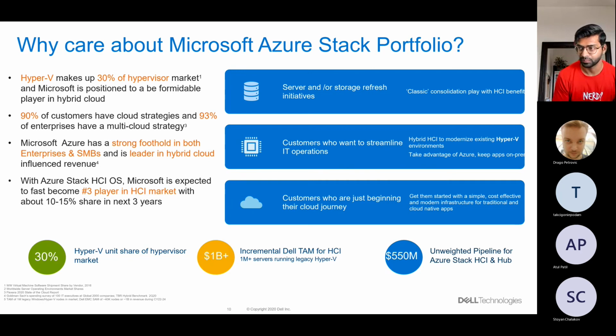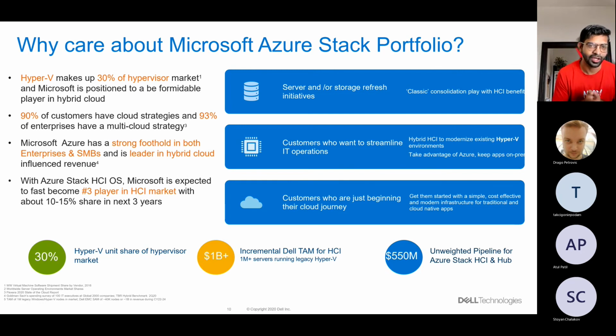Why should we care? So Hyper-V, and this could be a little older numbers, but at the time of this research makes up 30% of the hypervisor market today, right? Of course, VMware is the dominating one, but Hyper-V is right behind. And Microsoft, with its new solutions, is positioned to be a formidable player in the hybrid cloud.